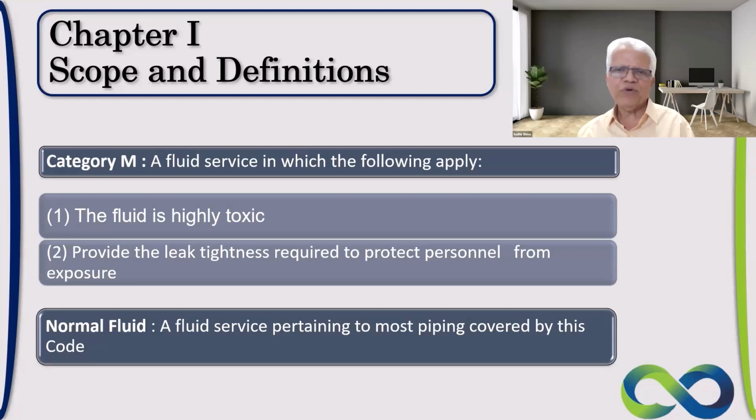Steam will damage, no doubt, but it is not irreversible. Once proper care is taken, the effect can be reversed, so it may not be classified under Category M. Categories M and D are mainly defined by the process people from the client side, who decide accordingly.